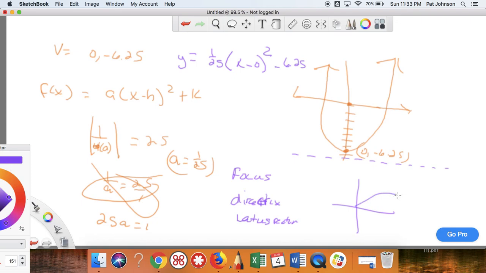It's going to open sideways. Focus is still going to be inside. Directrix is now a vertical line instead of a horizontal line because it's perpendicular to the axis of symmetry. Do the word problems, and we will see you in class.